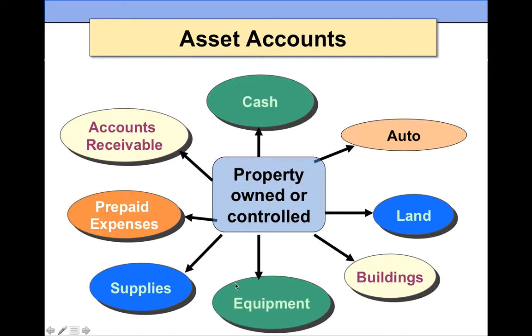Another difference I want to mention is between equipment and supplies. Equipment, building, land, and auto are all long-term assets. We're going to use them for more than a year. Supplies we will use in less than a year, so it's a short-term, or as we will call it later, current asset. Okay, so these are some of the assets you will see.